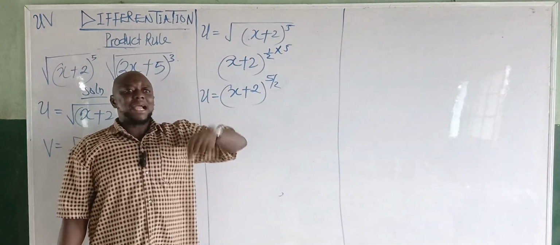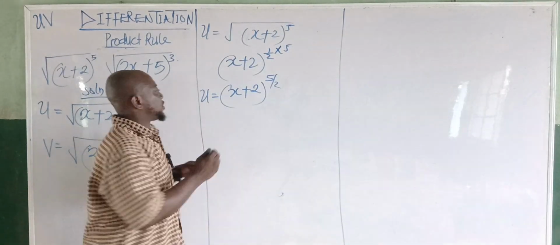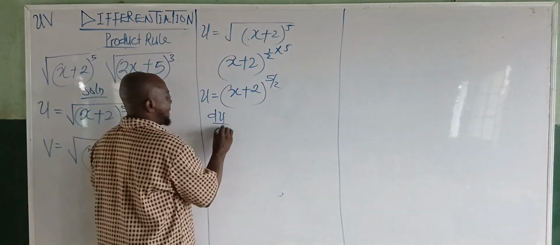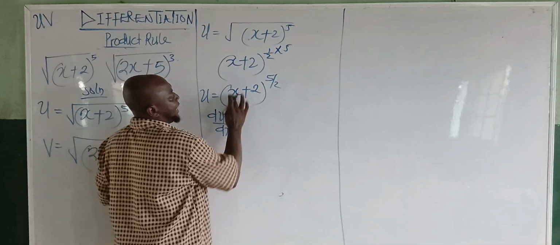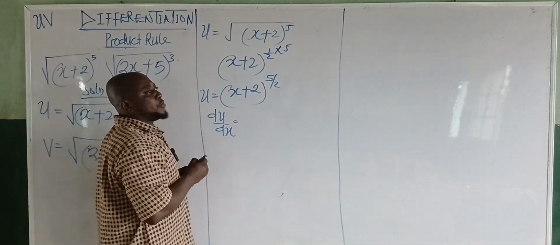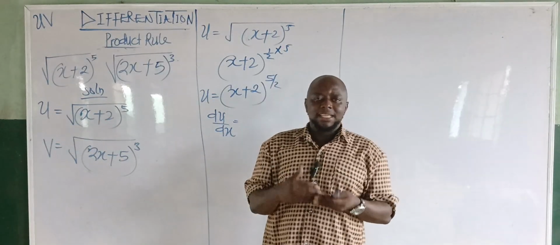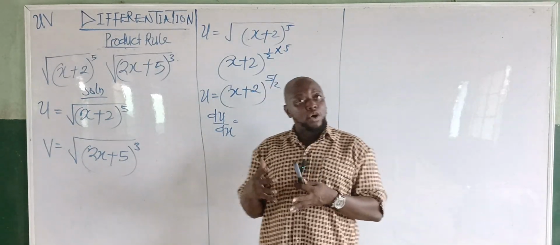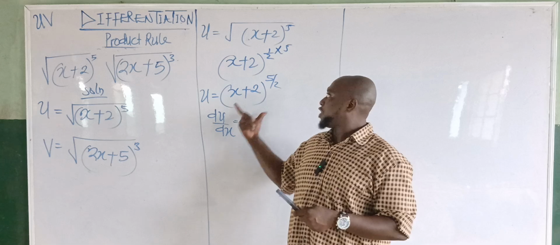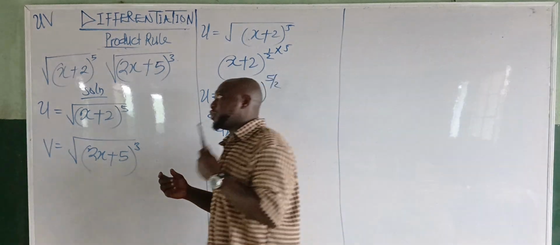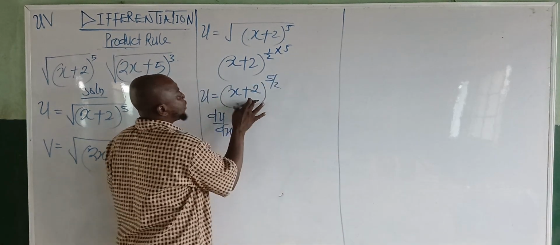From my new u, now I can get my du/dx. How do I get my du/dx here? I'm going to be using the shortcut in differentiation, the shortcut in chain rule. This is a chain rule question, so we use shortcuts to do that.